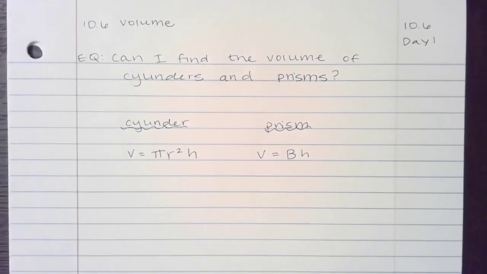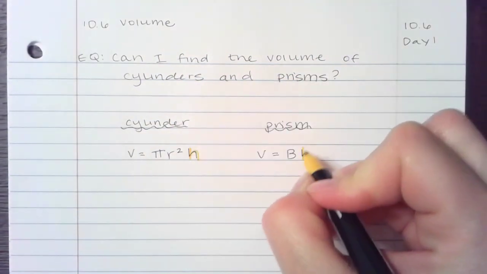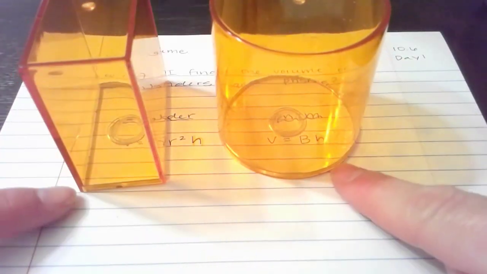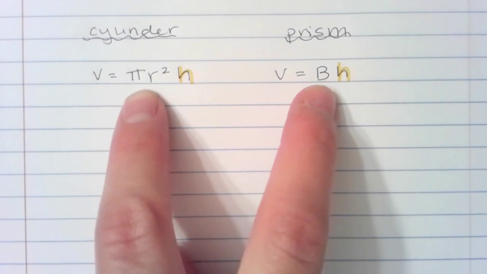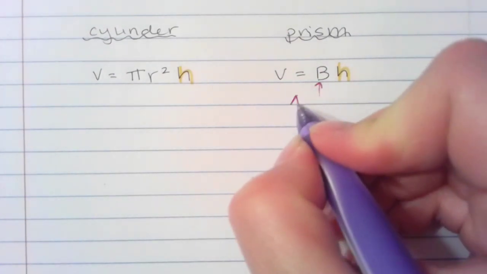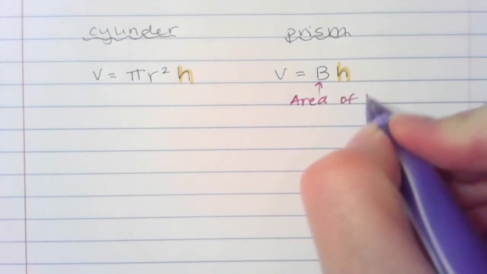So I'm just going to use a few colors to kind of indicate what's happening here. Firstly, they both have the height. That's going to be the same if we were to look at this kind of coming from this angle. The height is from the one base to the other base. And then I want you to look and compare what's the leftovers in this case. So this stands for area of the base.